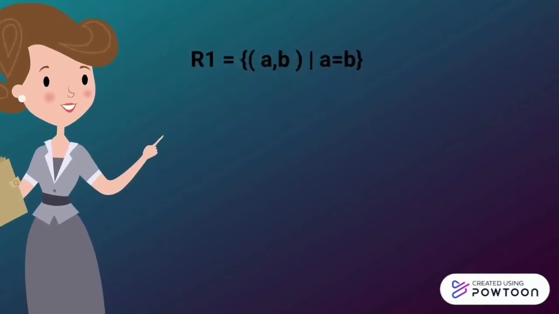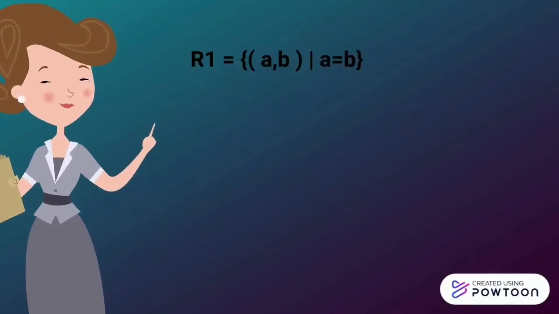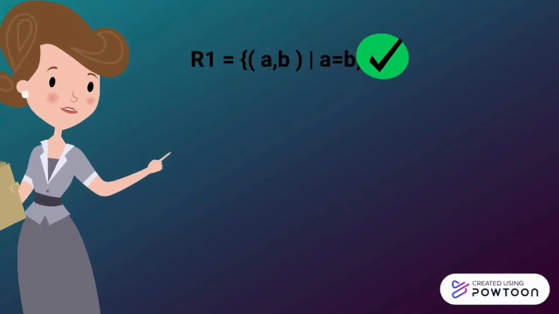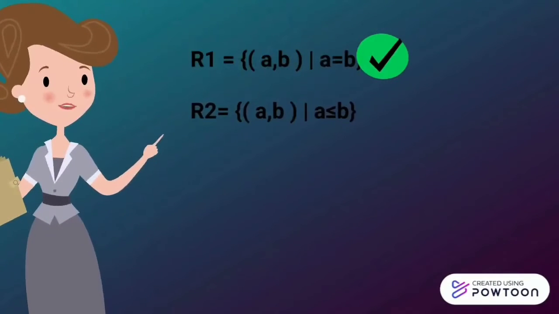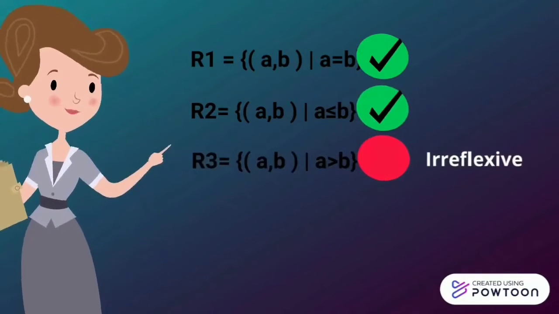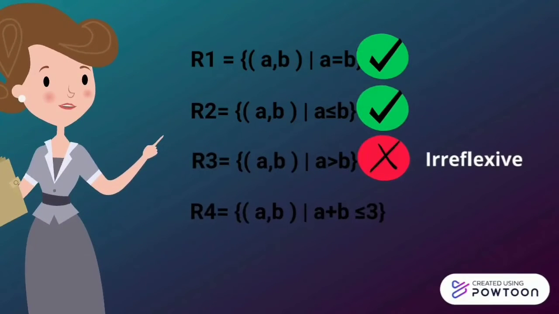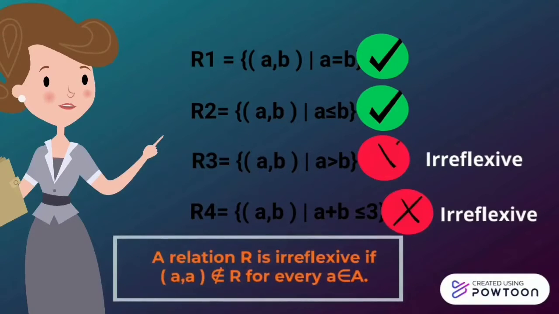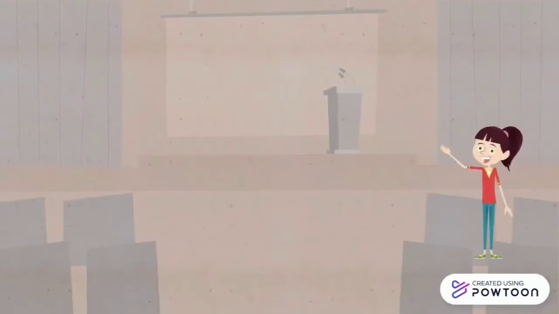If we are entering a value into R, is it true that all (a, a) are in the relation? Hence, R1 and R2 are reflexive as they have the equal sign, while the others are irreflexive. A relation is said to be irreflexive if (a, a) is not in the relation for all of the a's.